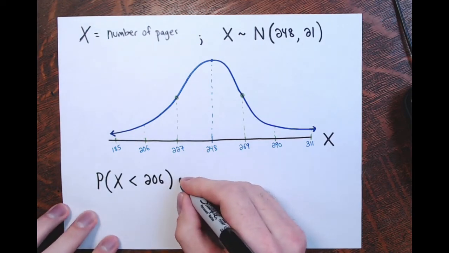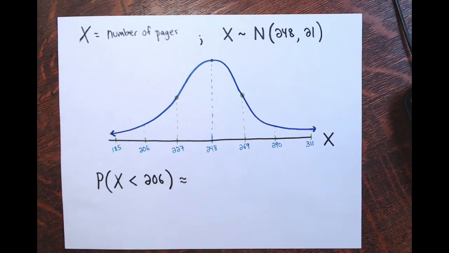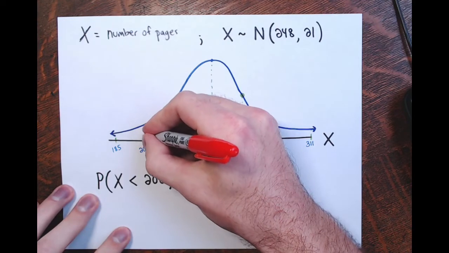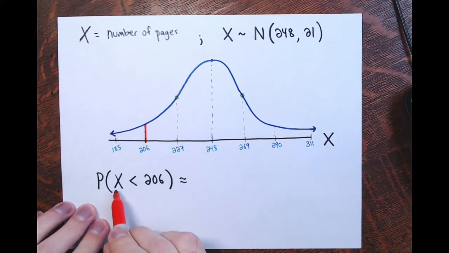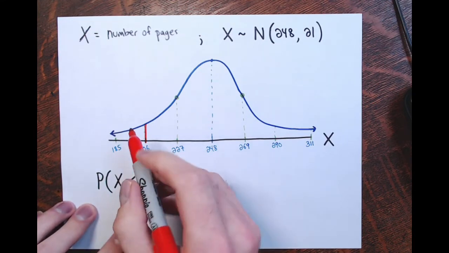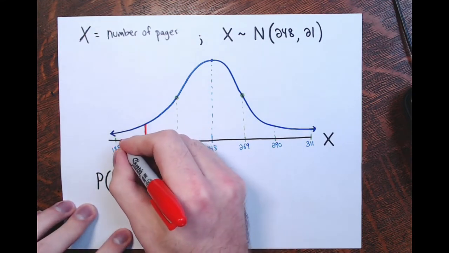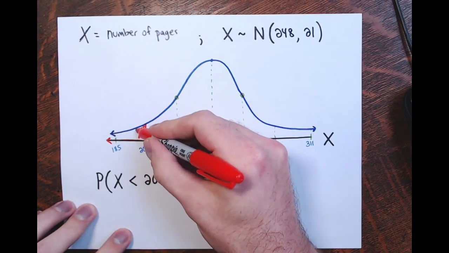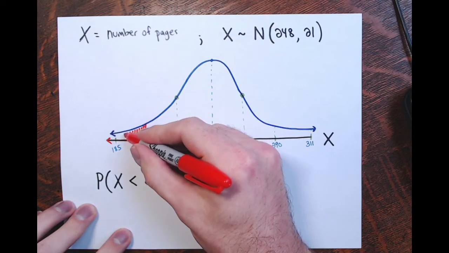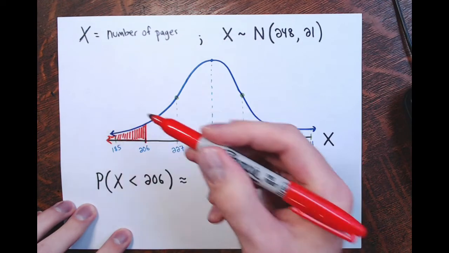Remember, this corresponds to an area, right? First, where is 206? That's here, on the number line, 206 corresponds to this point on the curve. We're looking for the probability that x is less than this. Well, less than 206 is over here, forever. So we're talking this area forever.